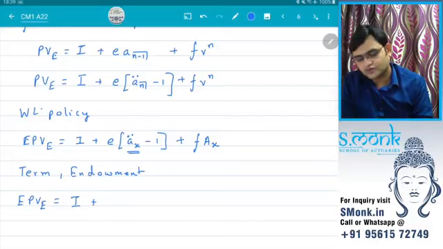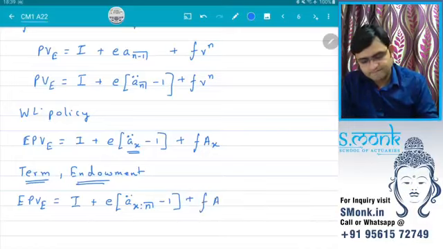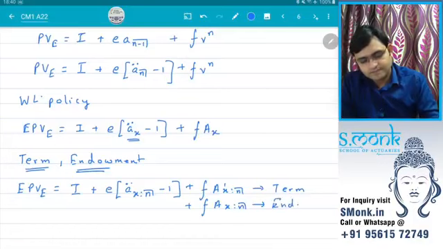So it will be E a-due x:n minus 1. And according to term or endowment, we will have a different last term. So I'll say plus F A x:n with term-insurance notation for term, and for endowment only that will change. I will just write F A x:n for endowment.